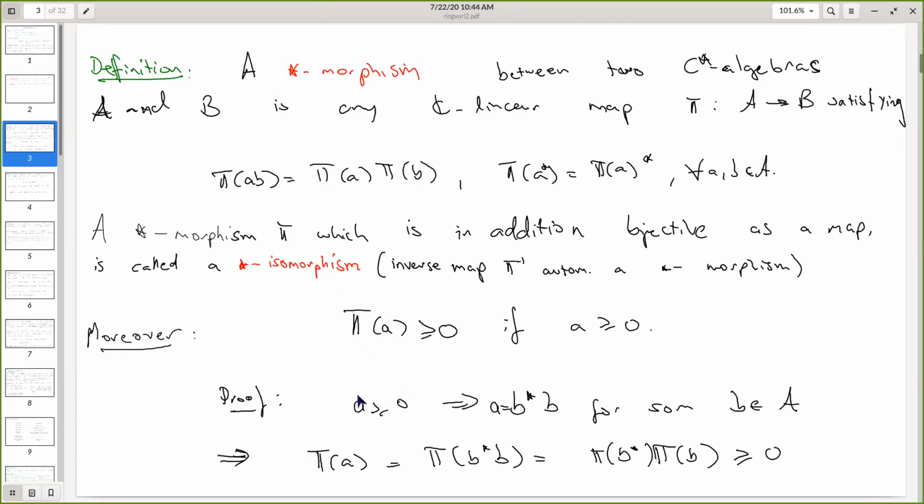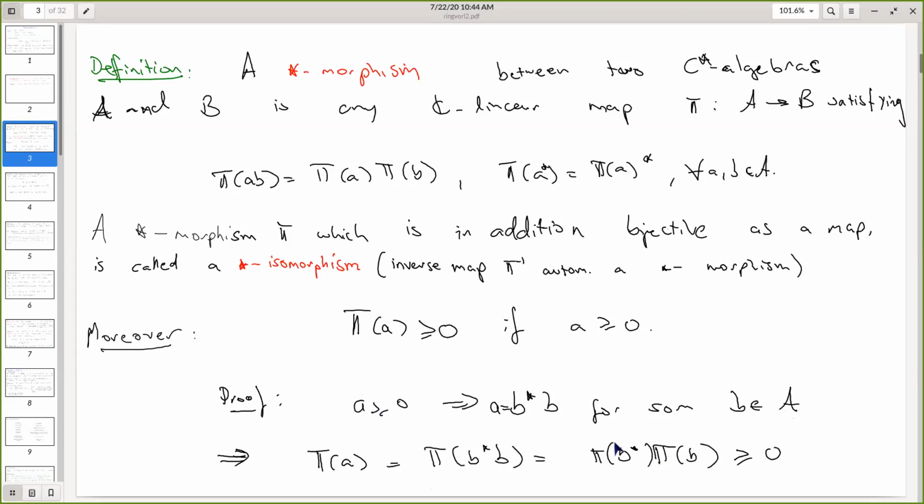The proof is basically very simple. If A is greater or equal than 0, then A can be written as a product B*B for some element B in the algebra. Since we have a star morphism, φ(A) = φ(B*B) = φ(B*)φ(B) = φ(B)*φ(B), which gives you the norm of something squared.